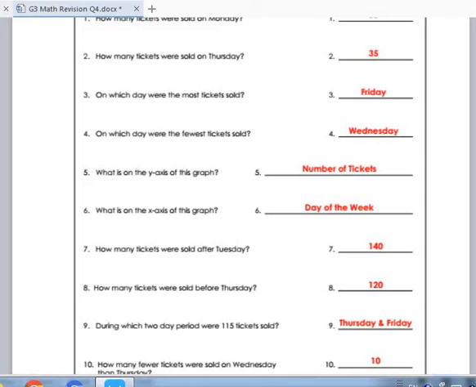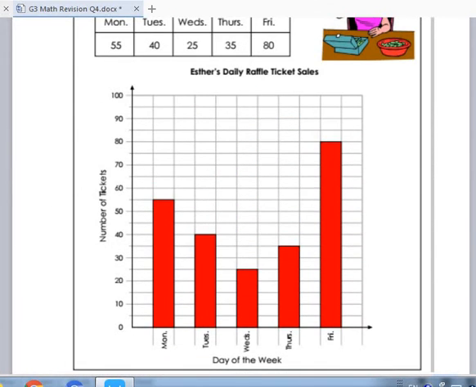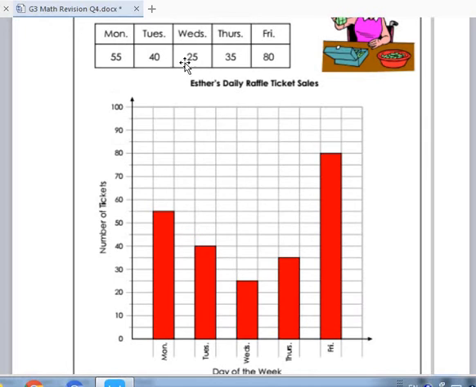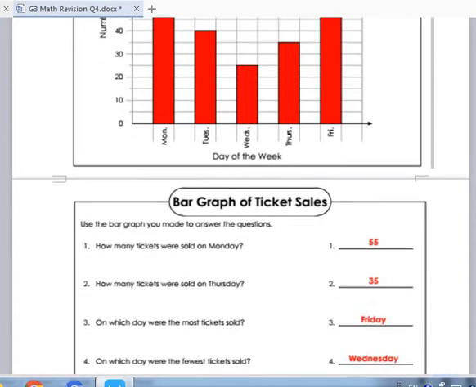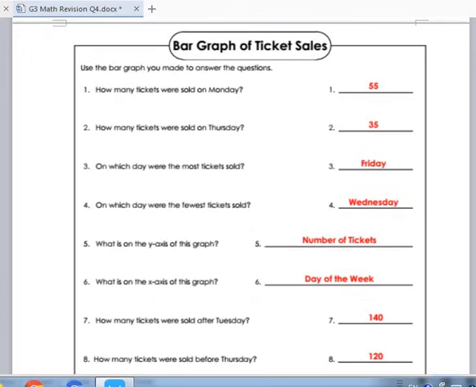How many tickets were sold after Tuesday? After Tuesday I have Wednesday, Thursday, Friday. So 25 plus 35 plus 80. After addition, it will give me 140.